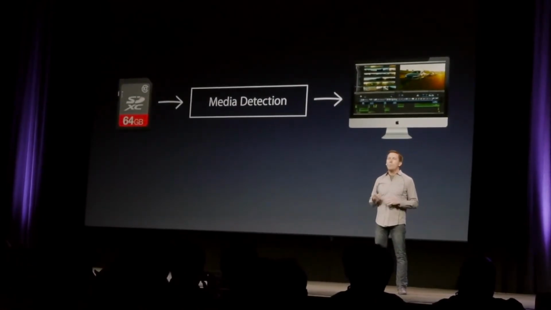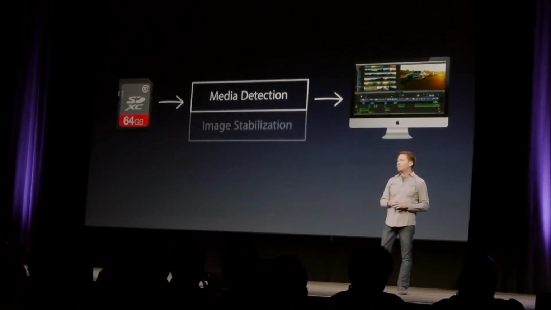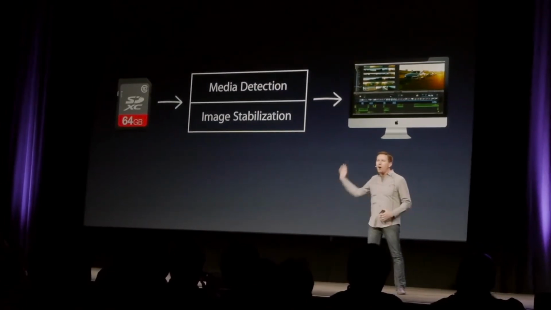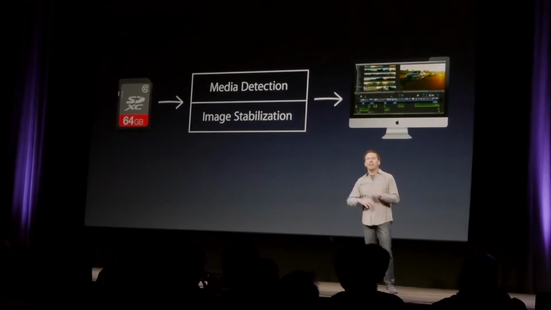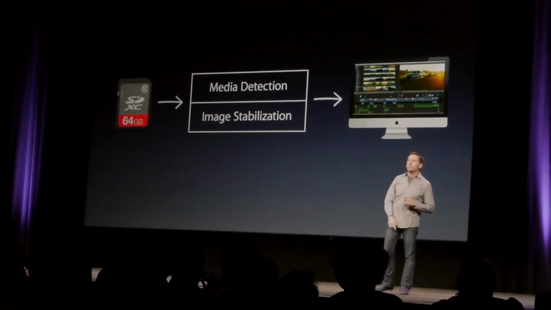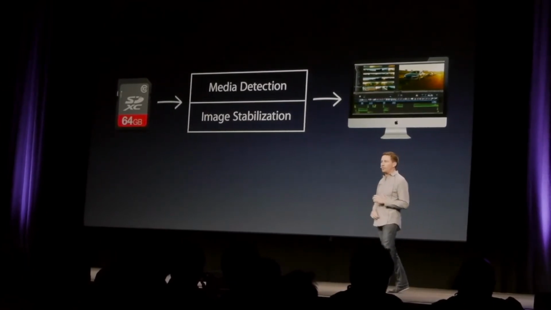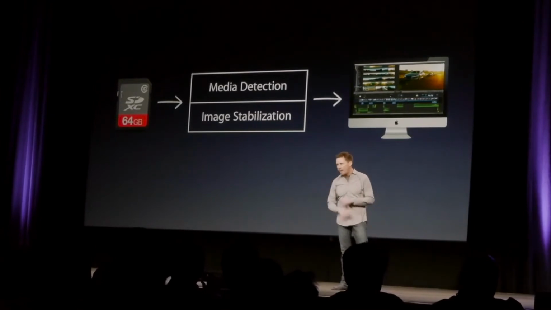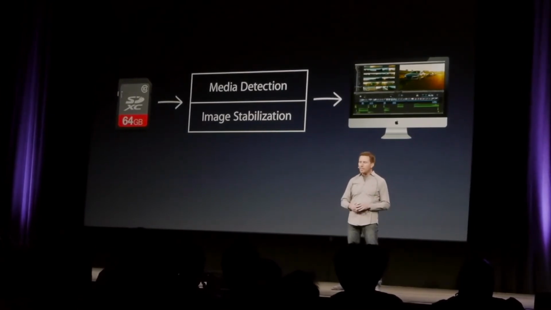But we also kick off background jobs for things like image stabilization. So on the way in, we give you the option to analyze your media for stabilization so that when you plop it into the timeline, you're already ready to stabilize it. You're already ready to deal with rolling shutter. You're able to deal with all of those things without having to wait for that analysis to happen. It's already happened for you.